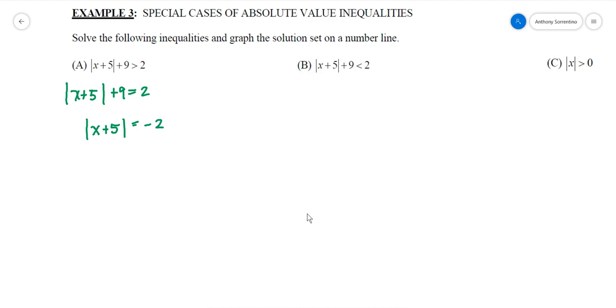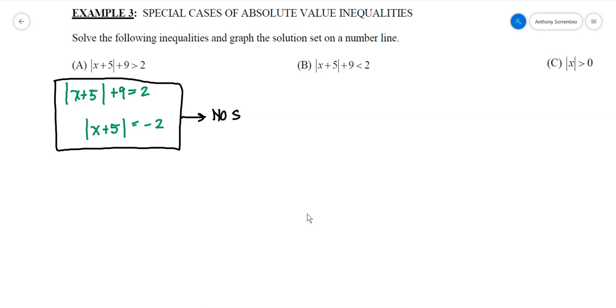The equation has no solution. And that's going to be the same for b too. I'm going to have the same thing. The equation that I create has no solution.